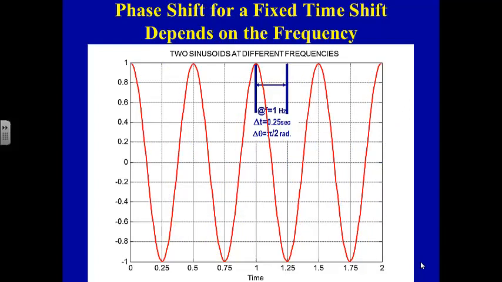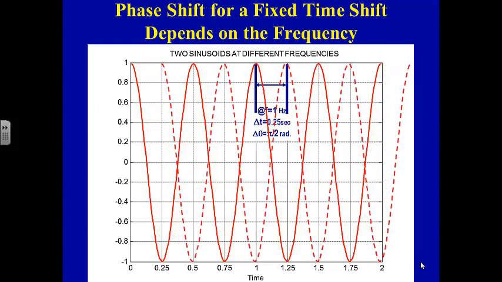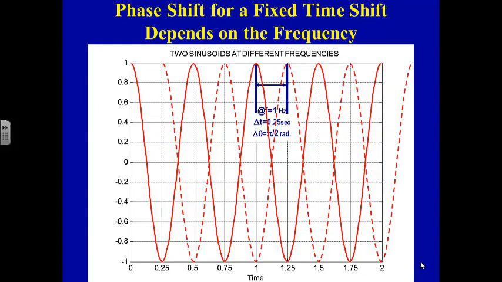If I shift a 2 hertz signal by exactly the same amount, that same quarter second, how much of a cycle did we advance on this 2 hertz sine wave? Now we're going a half cycle, or pi radians. So the same time shift was equivalent to twice as much phase shift.